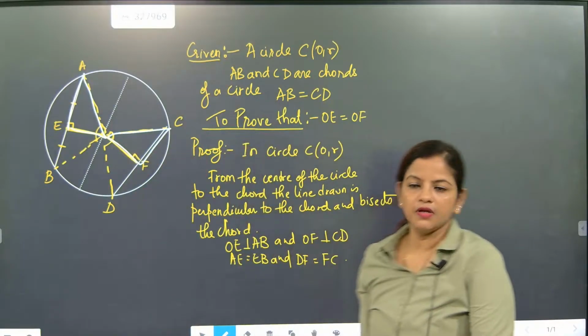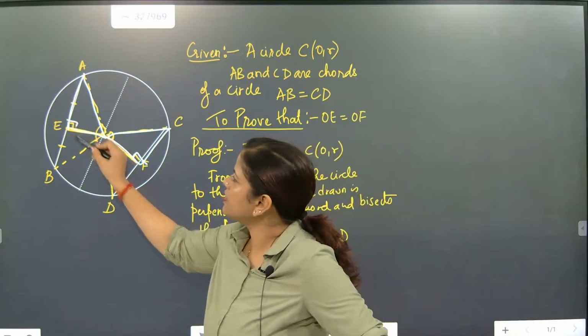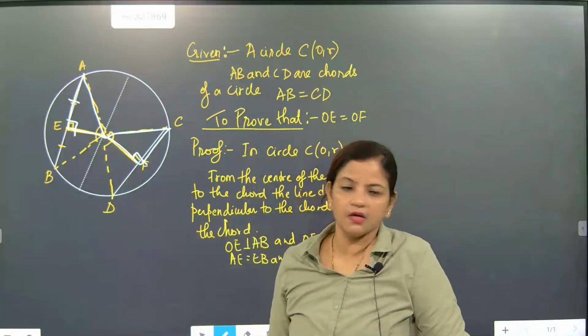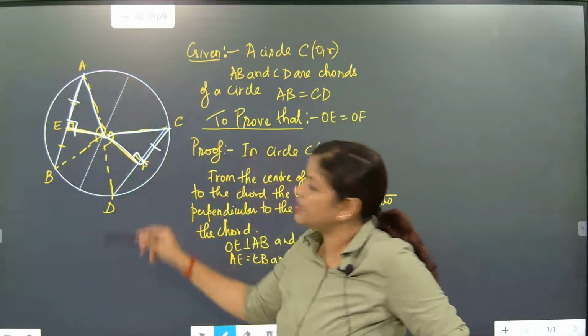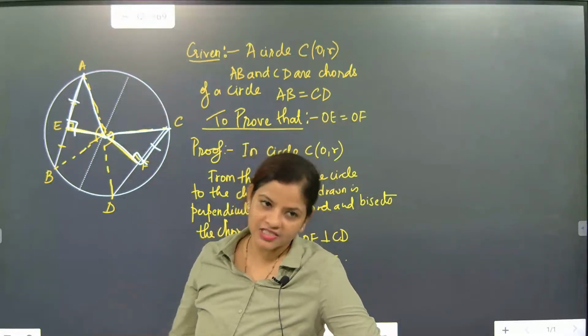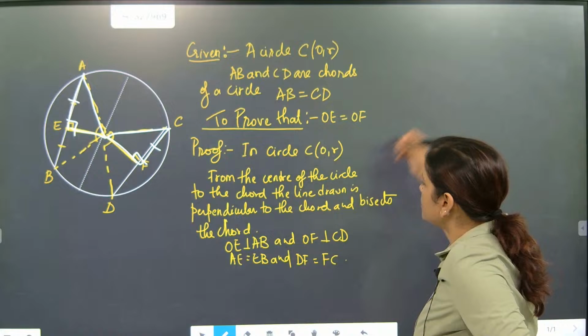Now this is already 90 degree, this is also 90 degree. Now this side is equal to this side. Why? Because AB is equal to CD, already given. So half of AB will also be equal to half of CD. Correct? Yes, absolutely. So what we are going to write, beta?